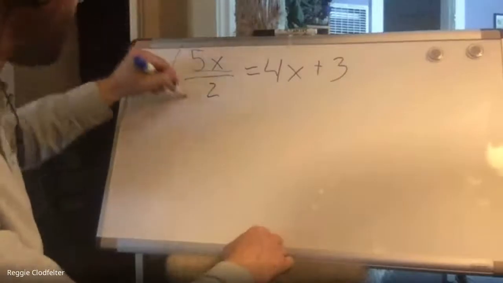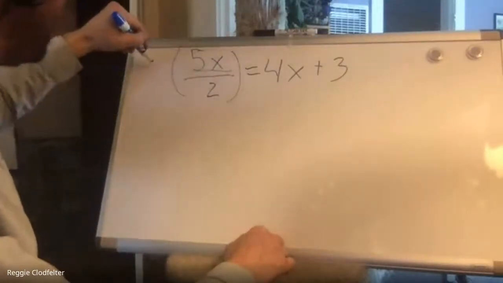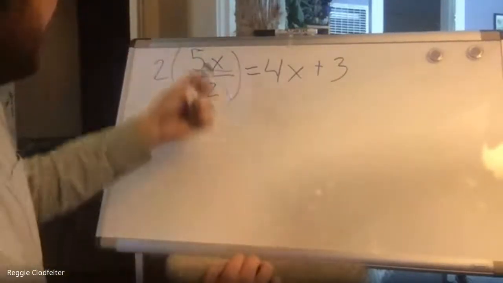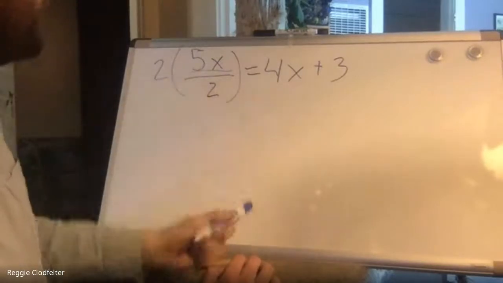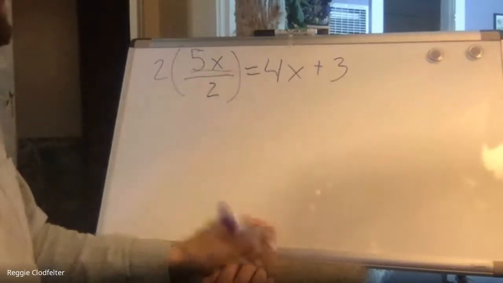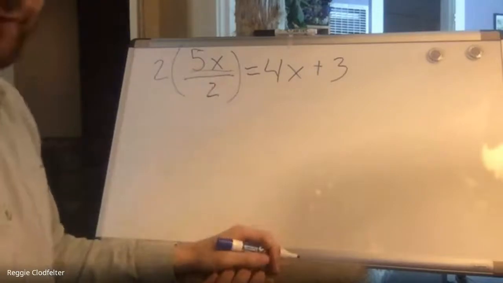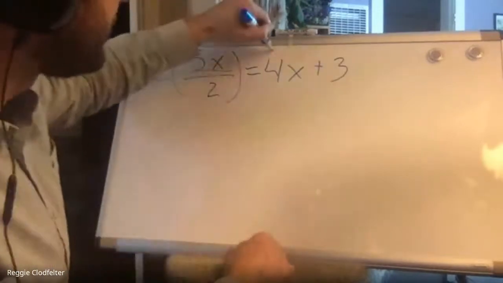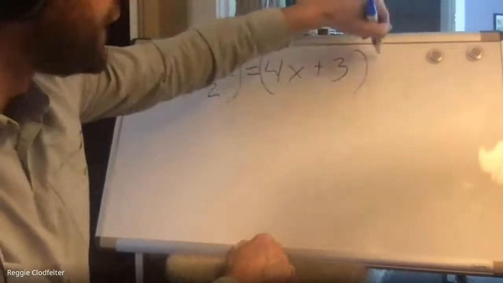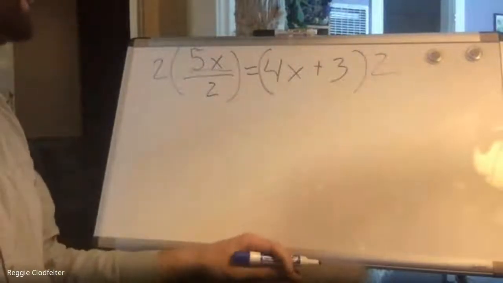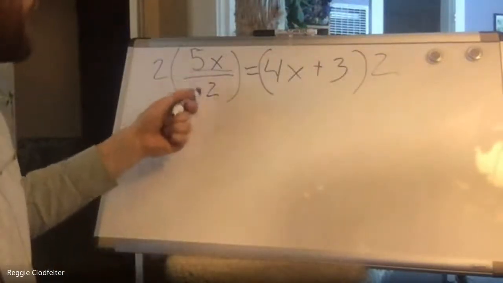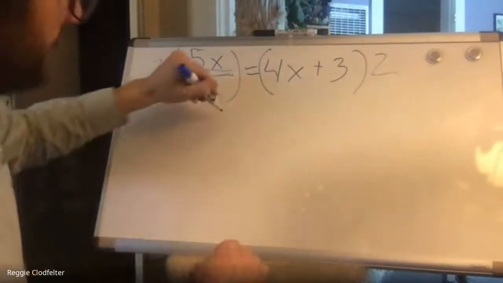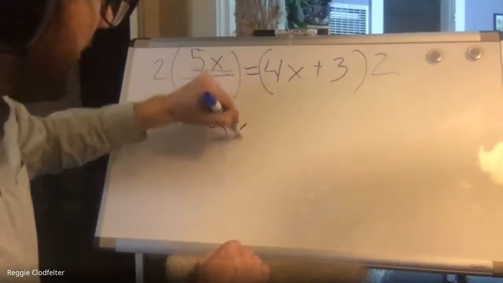Anything divided by 2 times 2 is just going to equal the original thing. It eliminates the divided by 2. But I have to do the same thing to both sides, so I have to multiply both sides by 2. So 5x over 2 times 2 is just 5x.